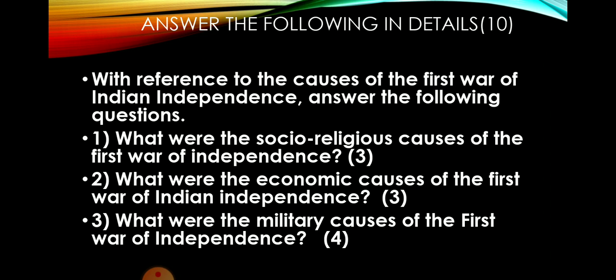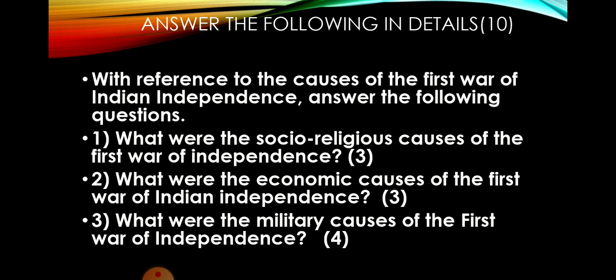Any 3 you have to write. Remember, you have to write the heading first, then explain in 1 or 2 sentences. You can write the sentences in your own words. It should be related to that point. So when you write 3 points, you will get 3 marks.